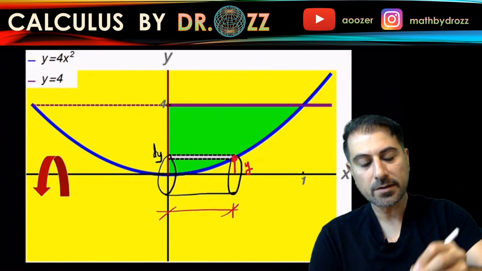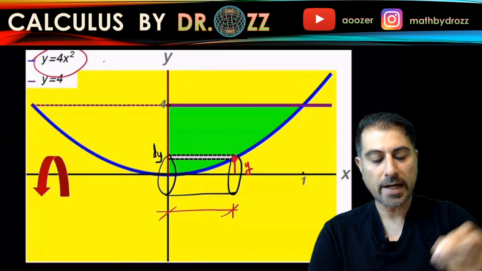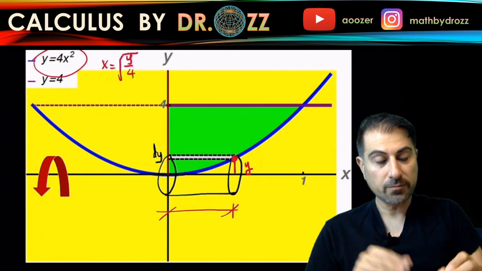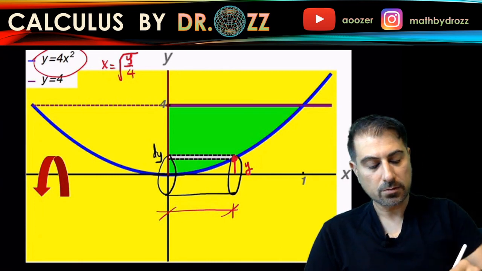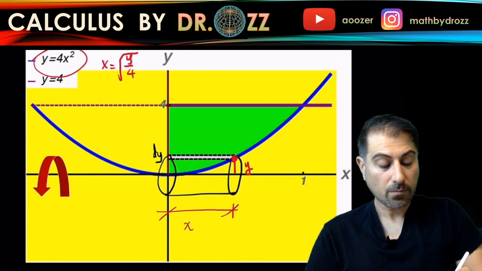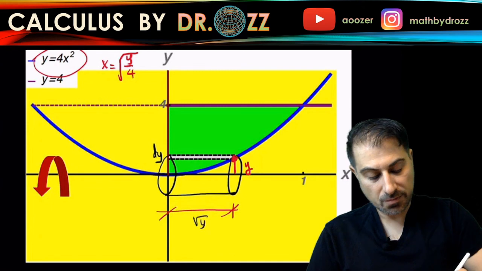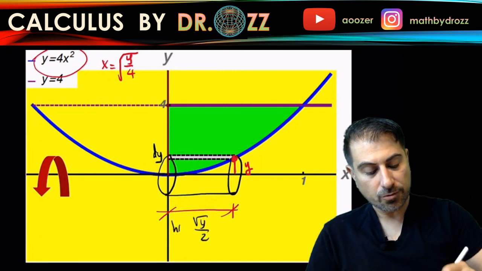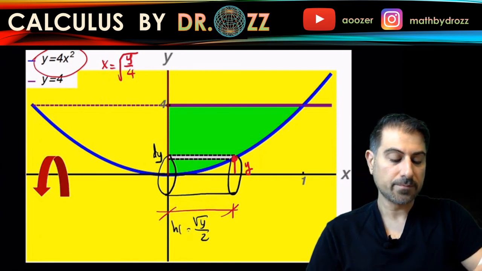So I'm going to rewrite this curve as x equals radical y over 4, so that the x coordinate written in terms of y would be x equals radical y over 2 if you simplify that. So this would be the h of y I'm after. Let me just write it cleaner: h of y, and this is the p of y.